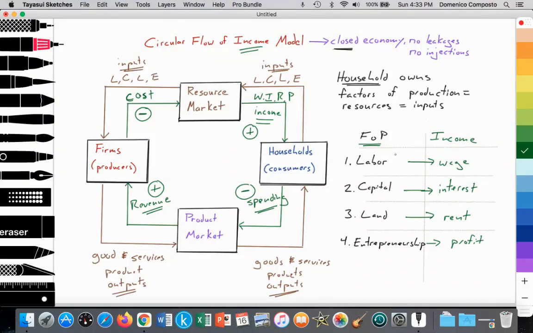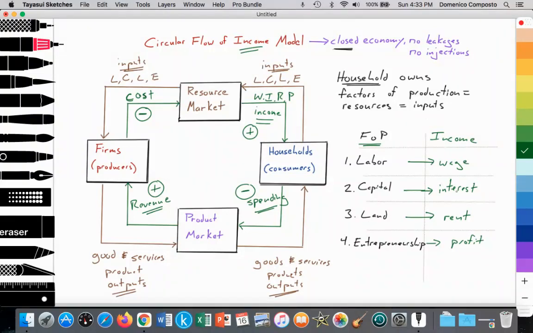We see that with low-income households, typically they only own their own labor, and thus they can only generate a wage. And if it's low-skilled labor, they generate a low income or low wage. Other wealthier households not only have ownership of their labor, but they may own capital resources, land resources. They may be the entrepreneur of a particular firm, and thus they have several streams of income coming to the household to enrich that household and maximize their utility.